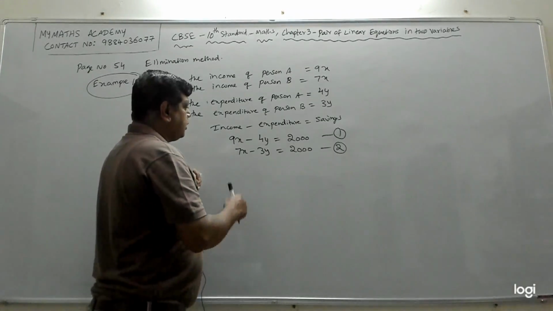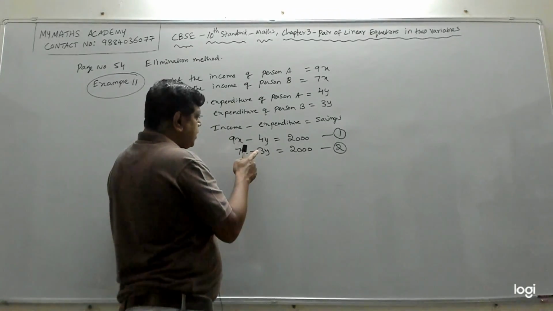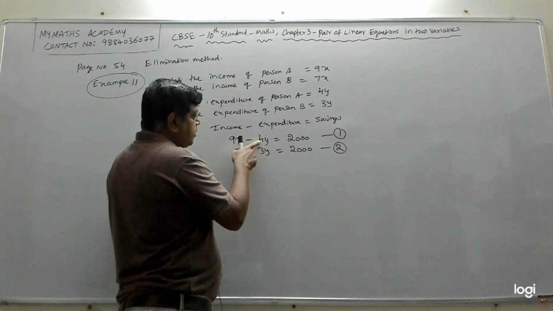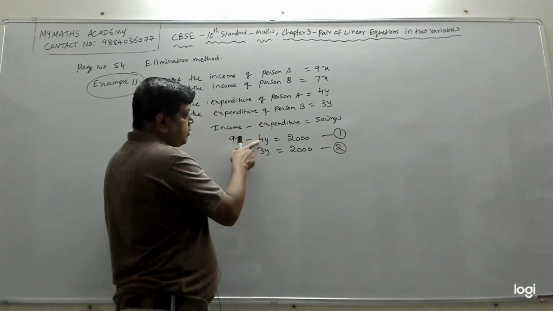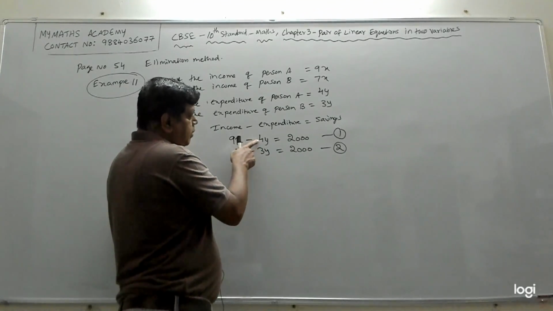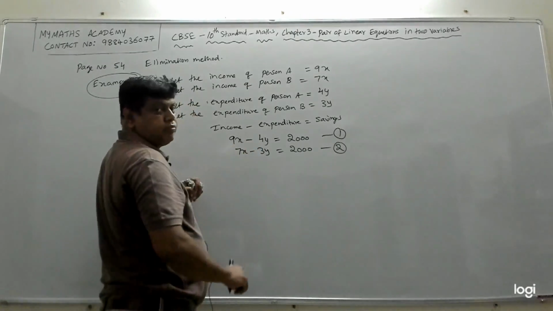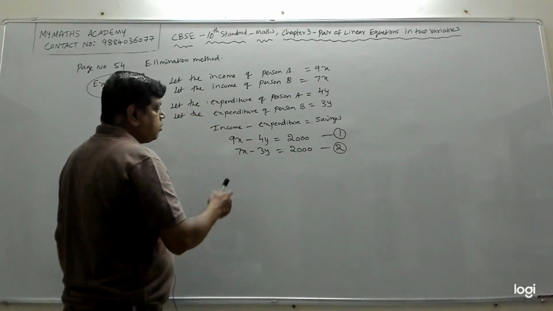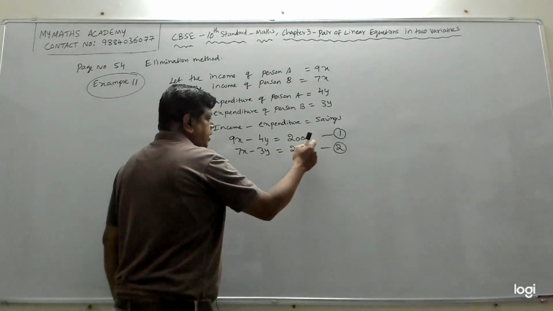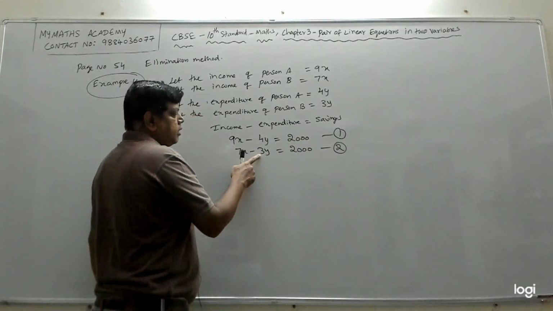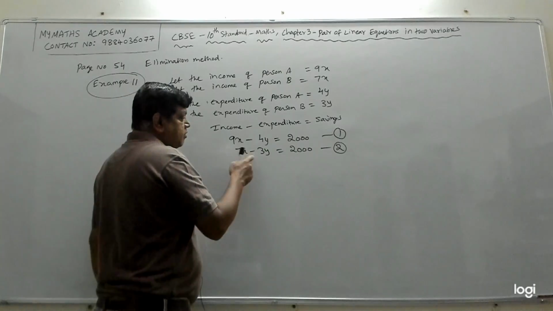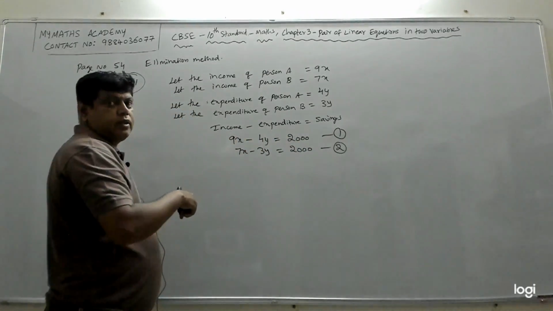But it should have the same coefficient with the change in sign. So for that, I will multiply this equation with 3, and I will multiply the other equation with 4. I'm going to multiply this entire equation with 3, and this entire equation with 4. Then what happens?